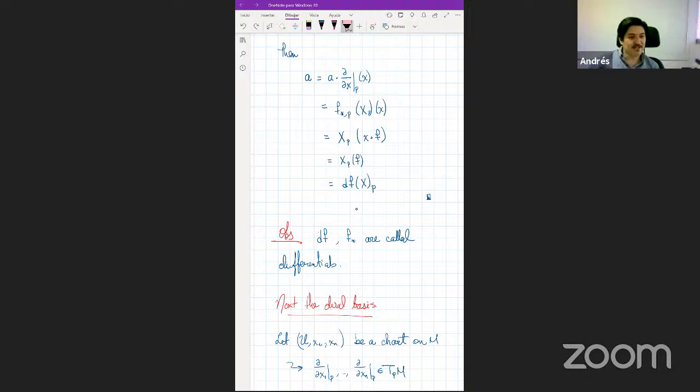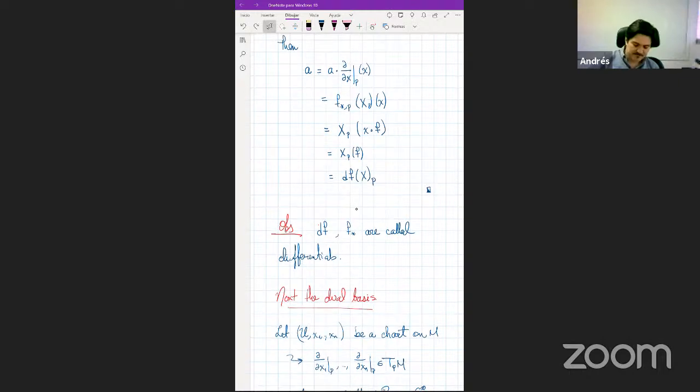So we have here this chart, we have coordinates. And let's first review what we know. So for any point on U, on the chart, we have these vectors, and we know very well that those vectors are a basis of this vector space.